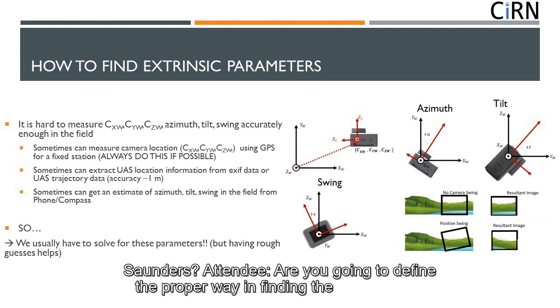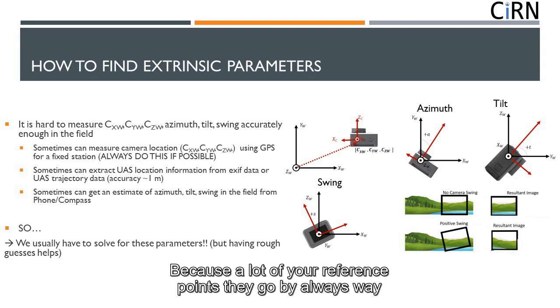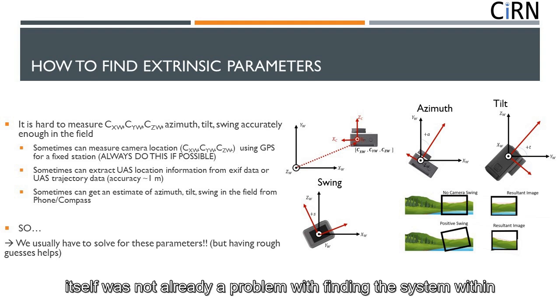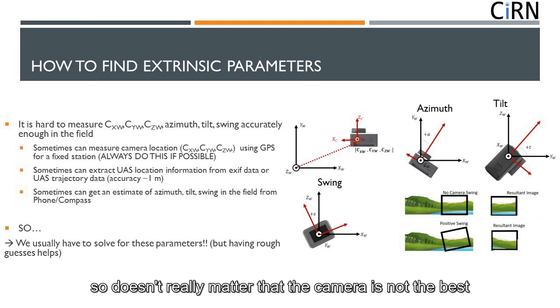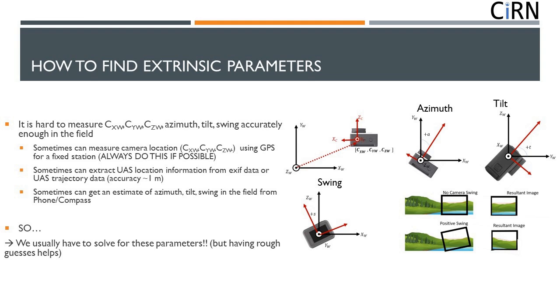I'm not sure it's critical to find the exact position of the camera, because the pixel height at most of your reference points is always way larger than a couple of centimeters. So the calibration itself most times already has a problem finding the position within maybe 10 centimeters. So it doesn't really matter that the camera is not perfectly calibrated.